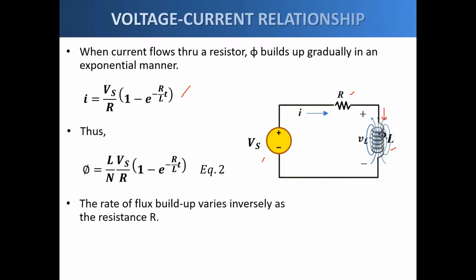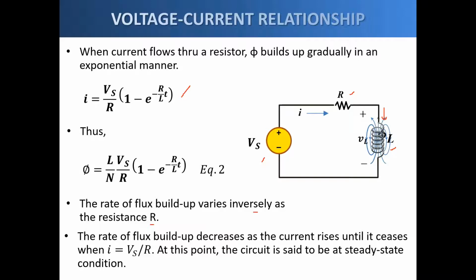This equation tells us that the rate of flux buildup in the inductor varies inversely as the magnitude of R. That means if R is high, we will have a slower flux buildup. If it is smaller, we will have a faster flux buildup.